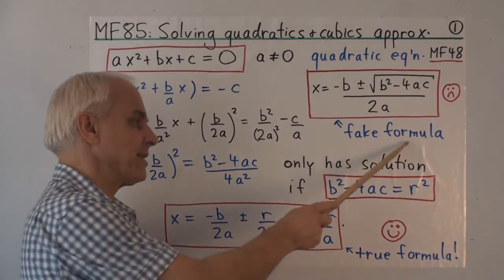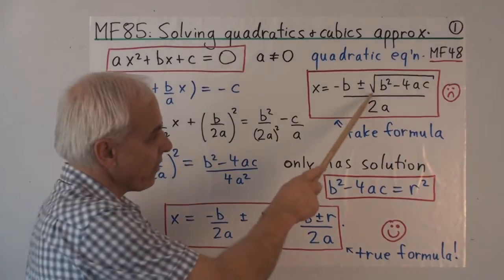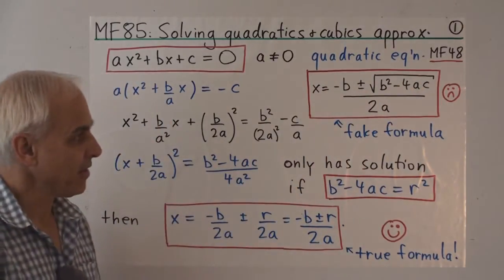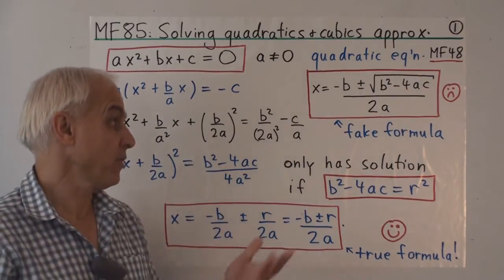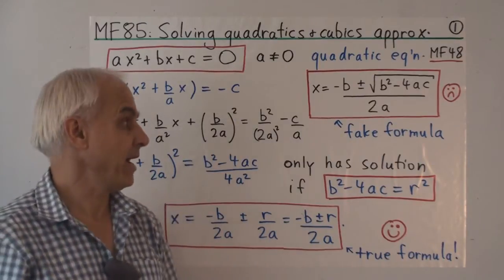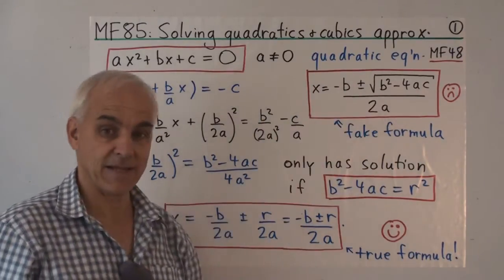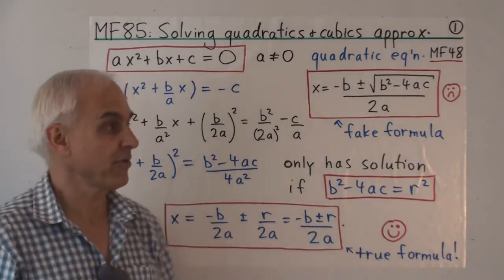Now this formula is in some sense a fake formula because of this square root here. The square root presents significant problems for us. First of all, sometimes what's inside here is a negative number, and then the solution doesn't make sense unless we first establish the more general theory of complex numbers.